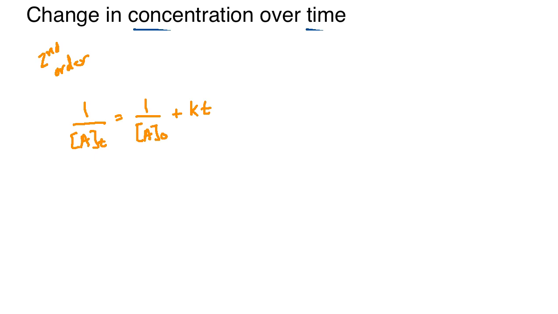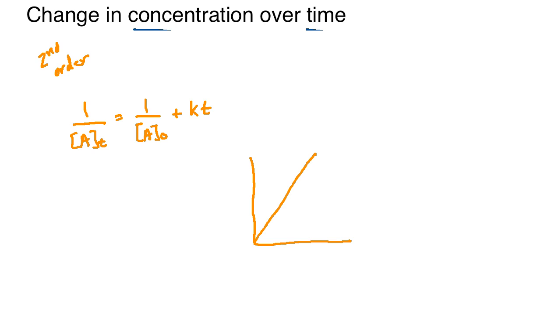Now what does this look like? It's going to look a little different, and some students get confused by this at first, but remember that we're dealing with 1 over A at t and 1 over A naught. When we see this, you're actually going to have a slope that's climbing up in this direction if you were to graph this particular one.